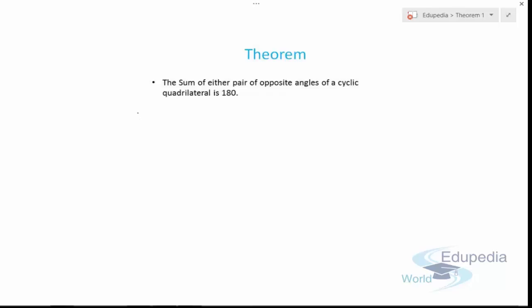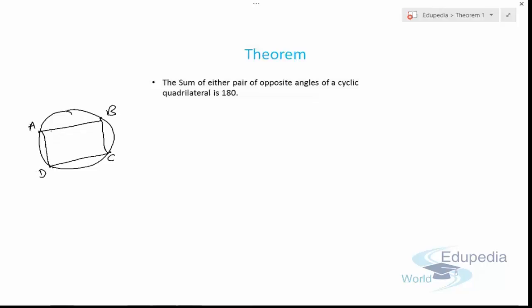Before discussing the theorem, let me explain what a cyclic quadrilateral is. Suppose we have a circle like this, and let's say these are the 4 points on the circle. If we join these 4 points like this, and name the points A, B, C, D, right?